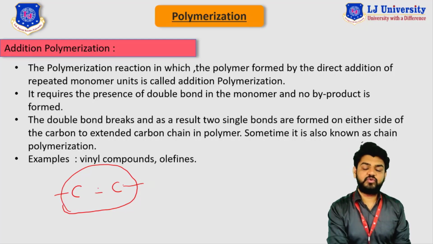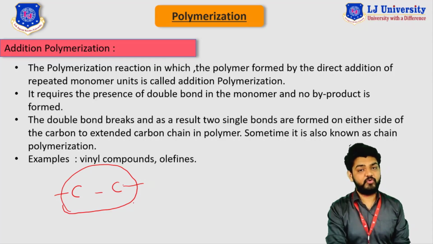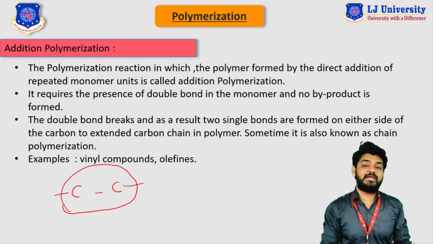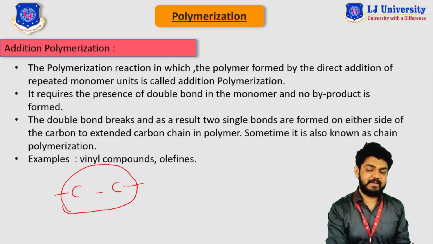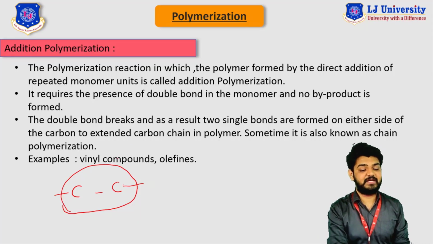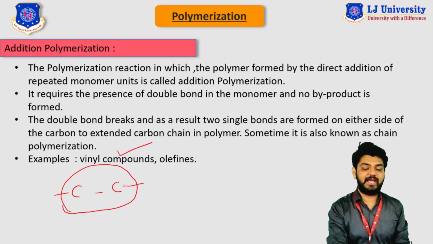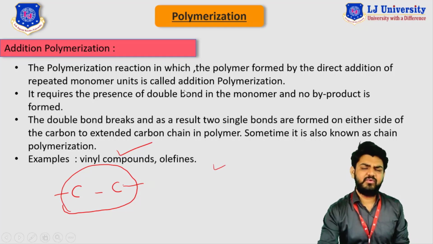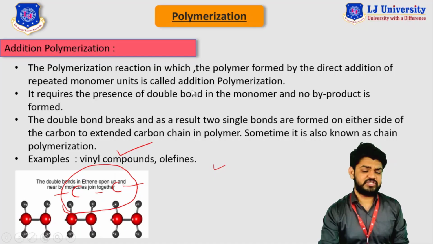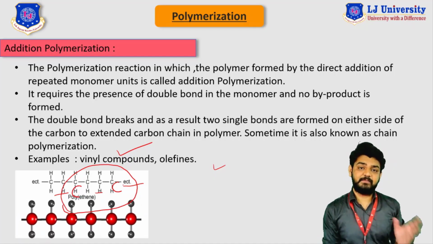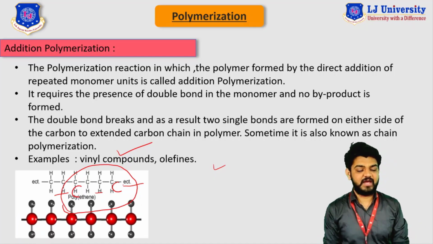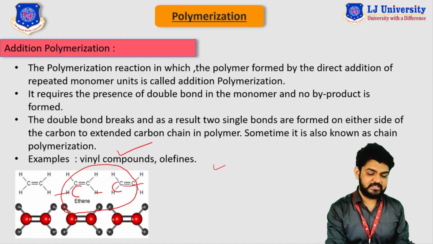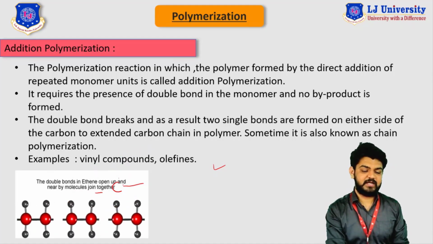So this is what we mean by the addition polymerization process, in which different monomers continue to join each other. Examples can be considered as vinyl compounds and olefins. This process can be seen in this image as well. You can see that, let me just rub all this so that you can see it in a clear way.